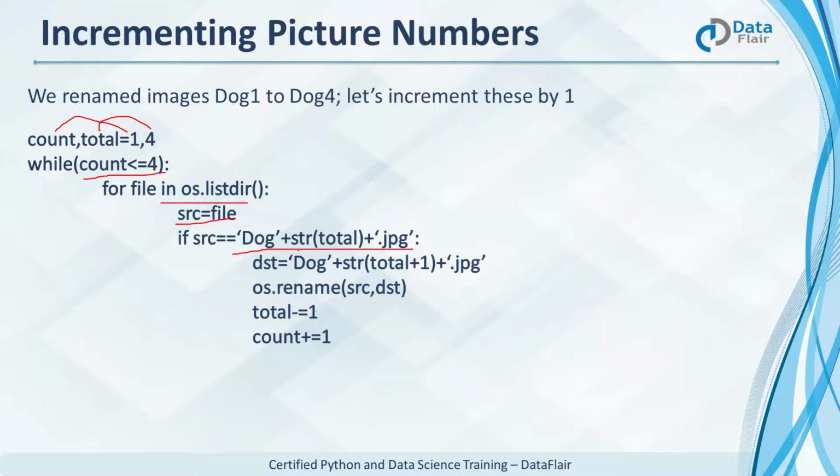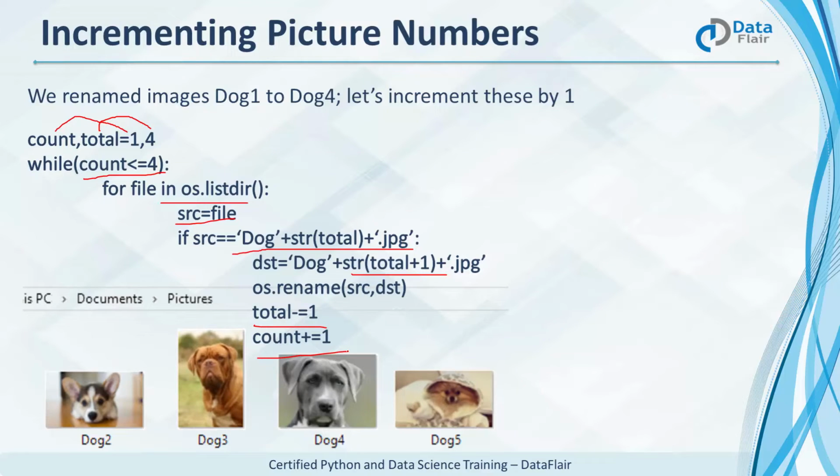When it finds that, it renames it with the value of total plus 1. Then it reduces total by 1 and increases count by 1. This way, it renames dog4.jpg to dog5.jpg, then dog3.jpg to dog4.jpg, and so on until it renames all 4 pictures.